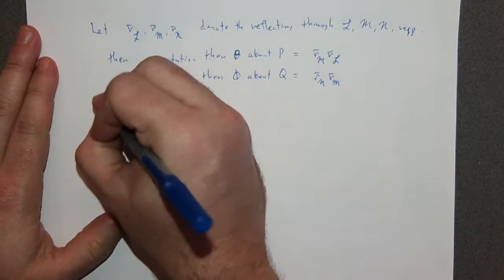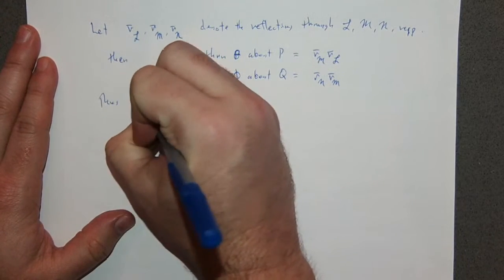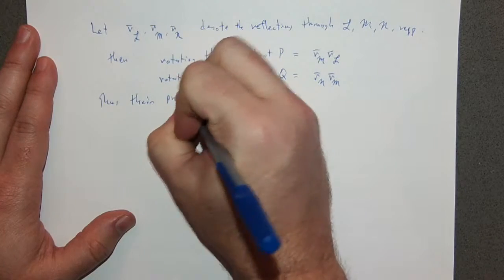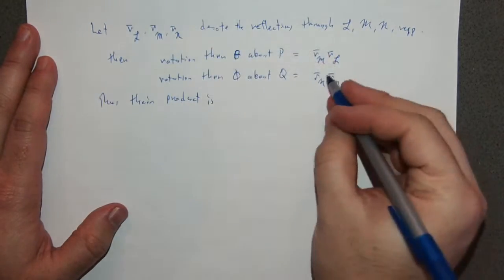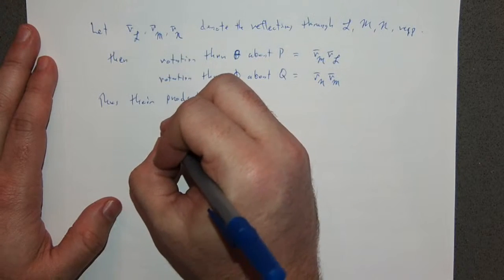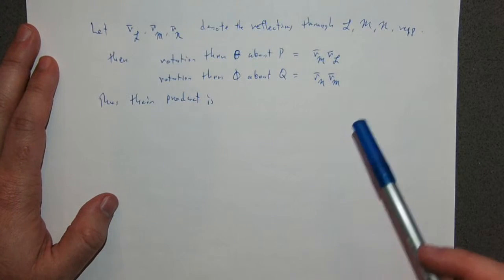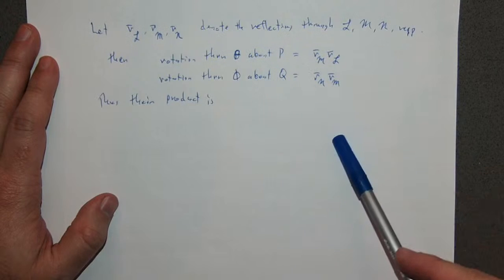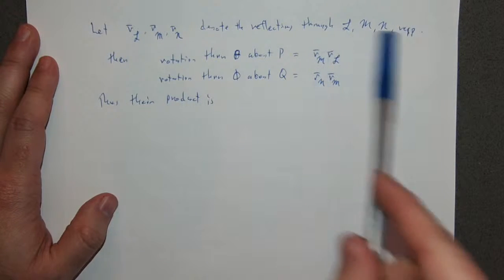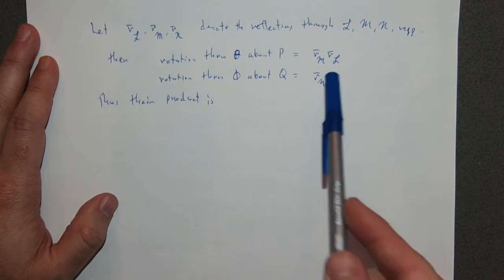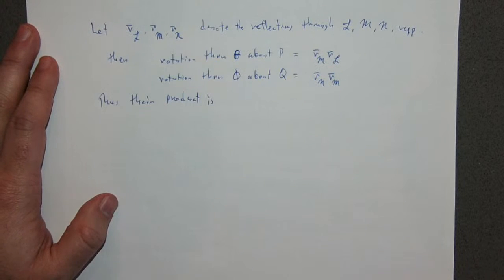Okay, so that's how this works. Thus their product is, well, I do this rotation and then I do the second rotation, right? So I have this written, and then to the left of that I have this second rotation written.